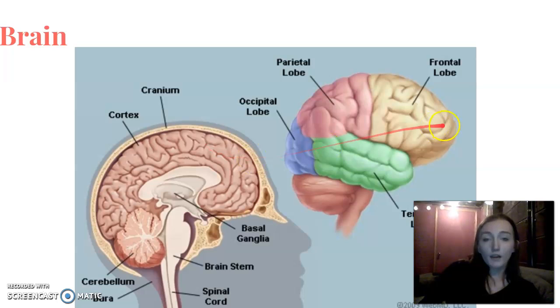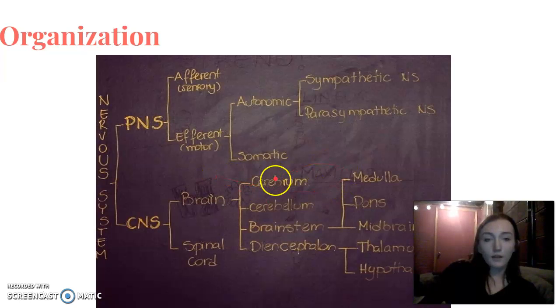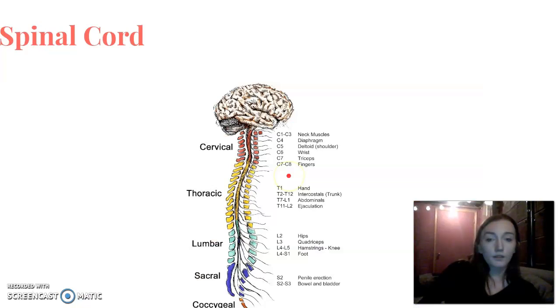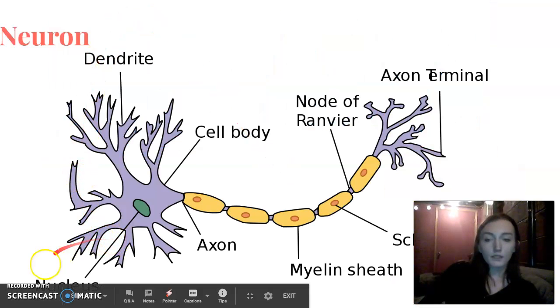And then we have the brain that breaks down even further into the parietal lobe, frontal lobe, occipital lobe, and temporal lobe. And the main thing that we need to know is that the nervous system is the control system of the body, and that the neuron is the basic building block of the nervous system. And that is it.